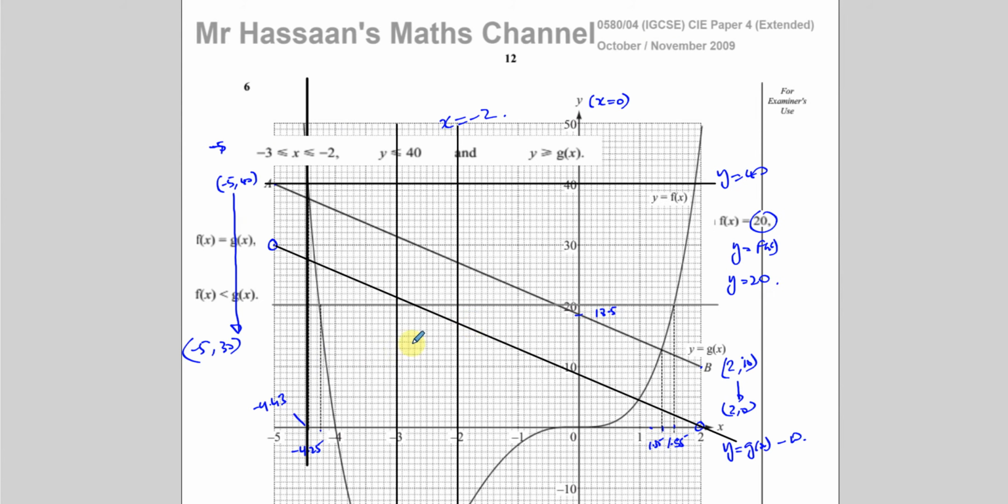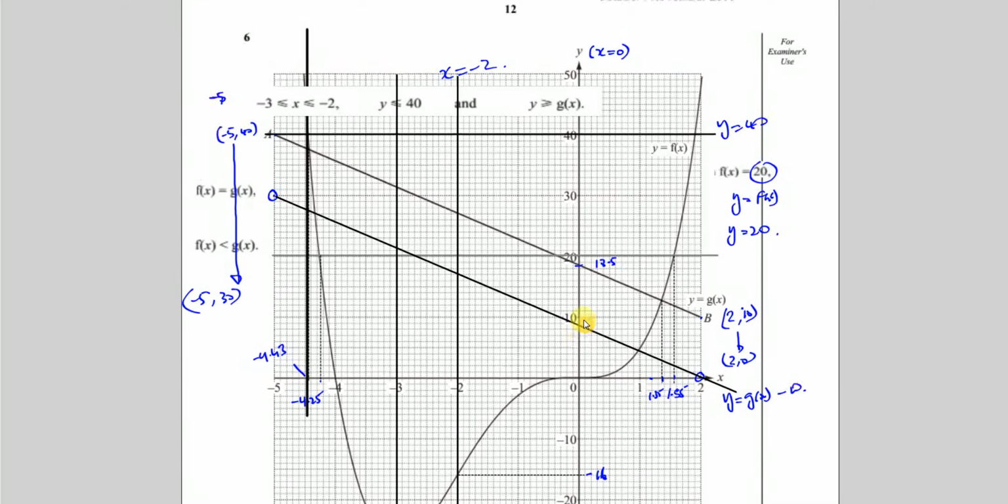So the region R is such that it is between the lines x equals minus 2 and x equals minus 3, and it's less than y equals 40, so it's below this line. And y is greater than or equal to g of x, so it's above the line y equals g of x. So it's above this line, between these two lines, and below this line.